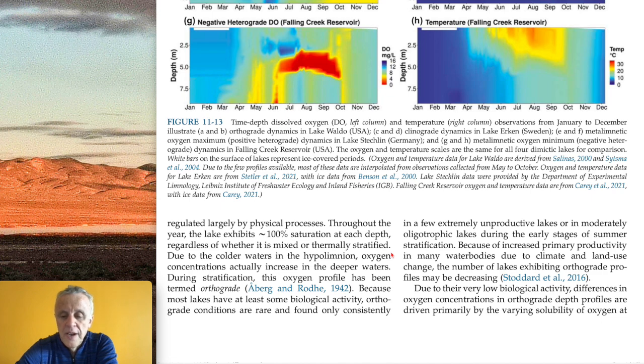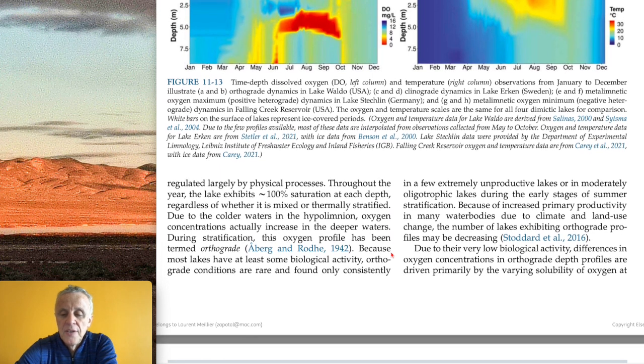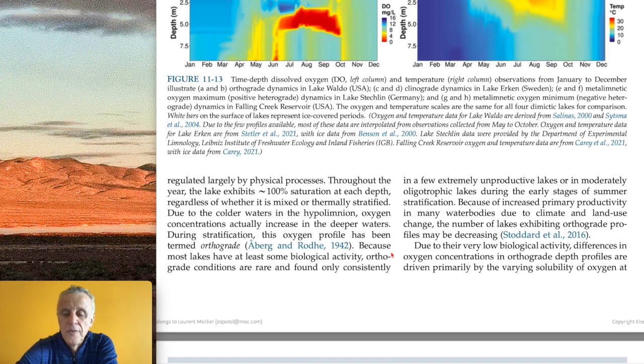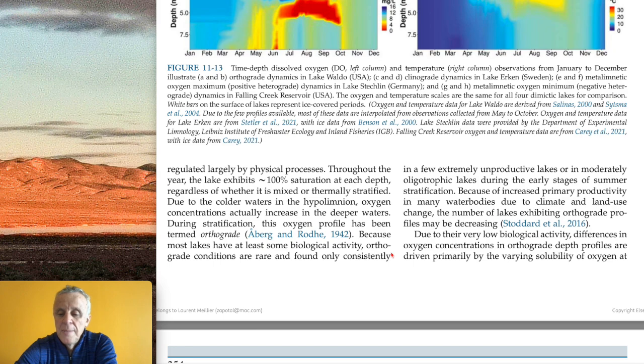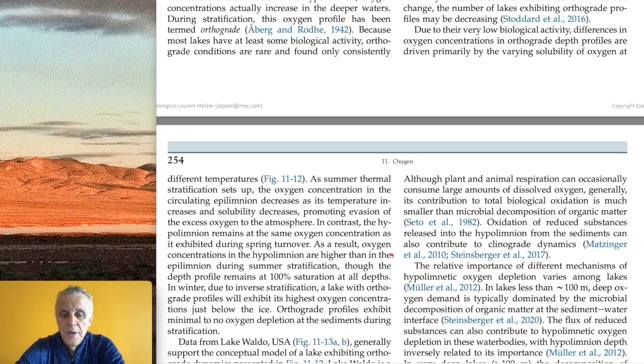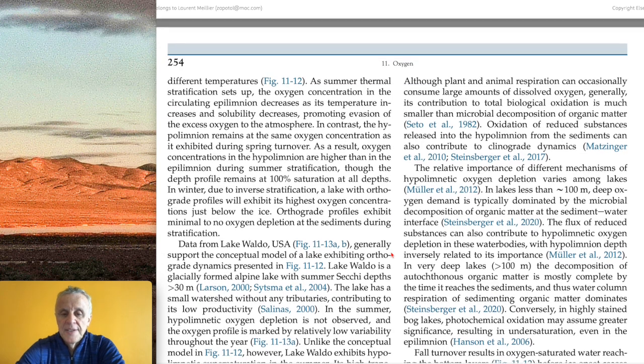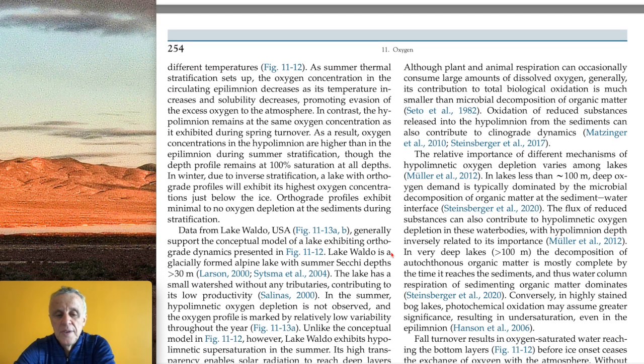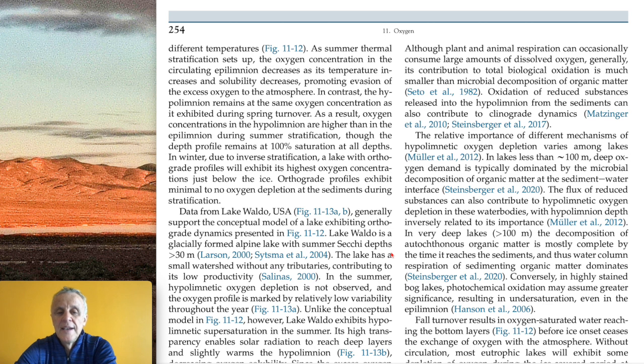Due to their very low biological activity, differences in oxygen concentration in an orthograde depth profile are driven primarily by the varying solubility of oxygen at different temperatures. As summer thermal stratification sets up, the oxygen concentration in the circulating epilimnion decreases as its temperature increases and solubility decreases, promoting evasion of the excess oxygen to the atmosphere.